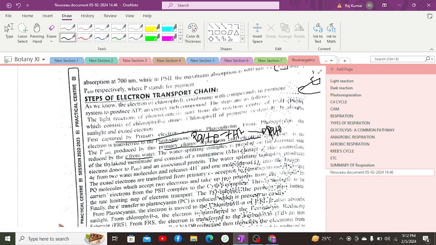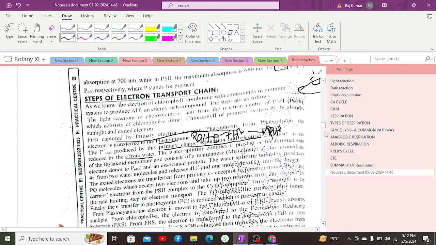It causes photolysis of water within the thylakoid space, evolving one oxygen molecule and four protons by the splitting of two water molecules, so that oxygen and protons are released into the lumen, and the chlorophyll becomes re-reduced by the electron.